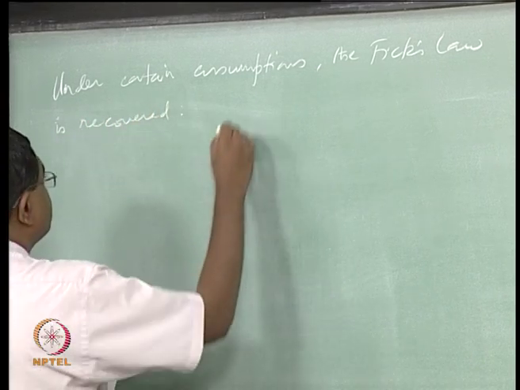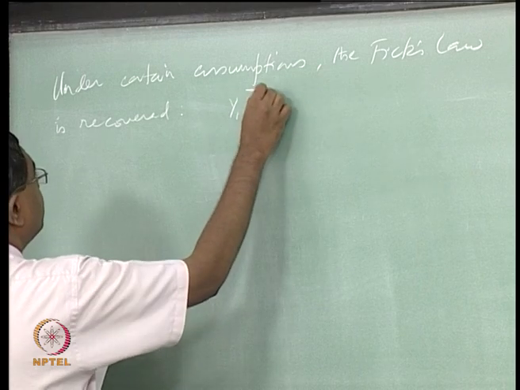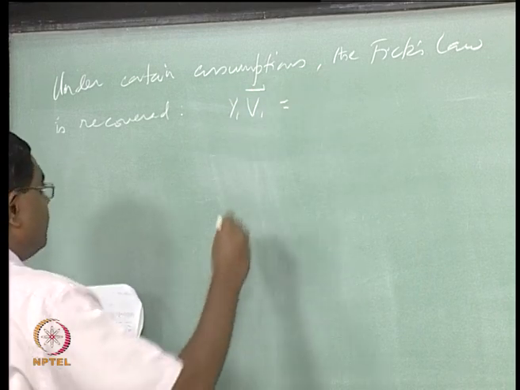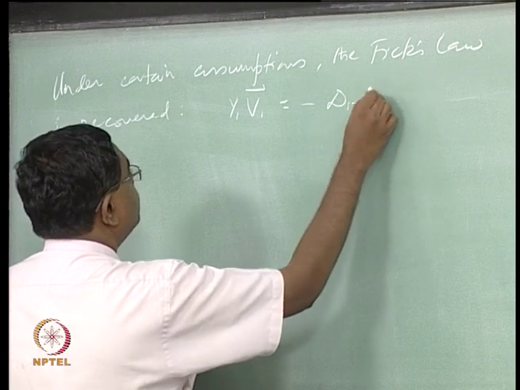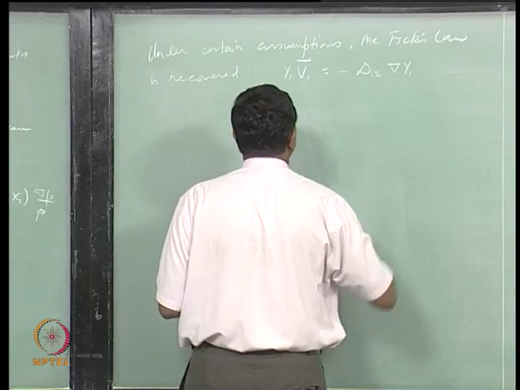That is to say, we can say y1 v1 vector is equal to minus D12 gradient y1.